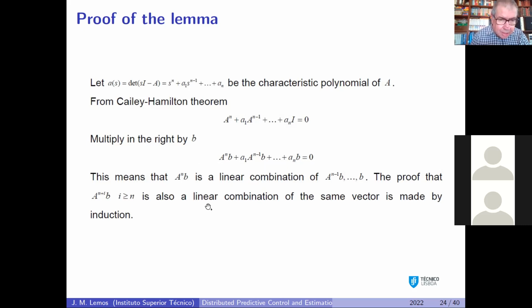If you don't remember mathematical induction, it consists of this: suppose that you can express A^k B, for any k, in terms of the powers up to order n-1, then it will be possible to express also A^(k+1) B. The idea is very intuitive, because you just go on and use this possibility of expressing all the powers in terms of the first ones.